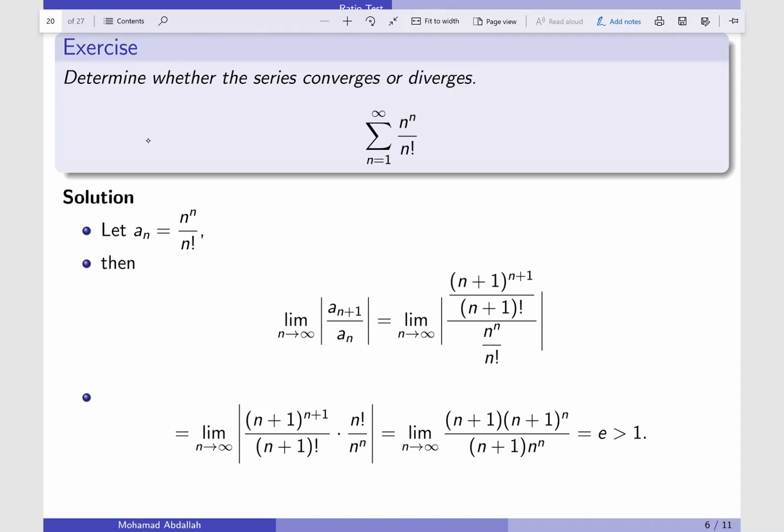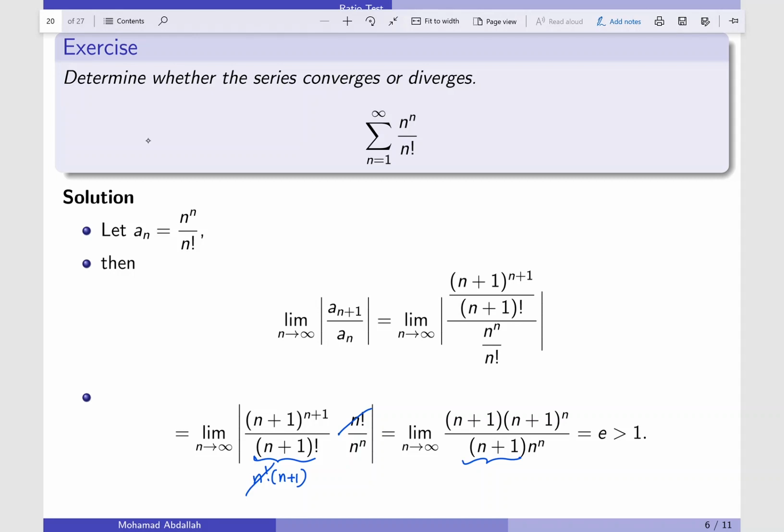This one is (n+1) to the power n+1 over (n+1) factorial times n factorial over n to the power n. This guy is n factorial times (n+1). So you can cancel the n factorial and you end up with n+1.